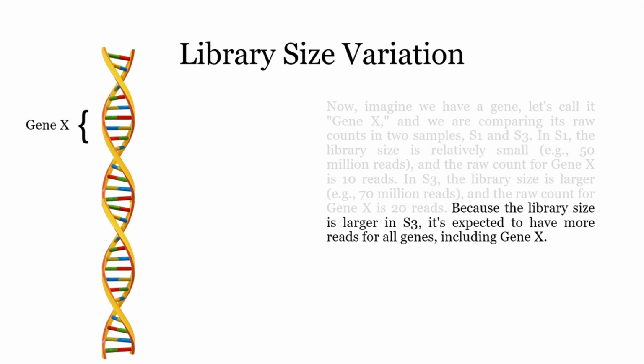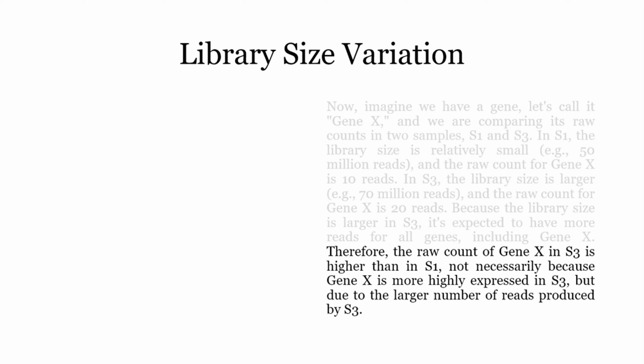Because the library size is larger in S3, it's expected to have more reads for all genes including gene X. Therefore, the raw count for gene X in S3 is higher than in S1, not necessarily because gene X is more highly expressed in S3, but due to the larger number of reads produced by S3.